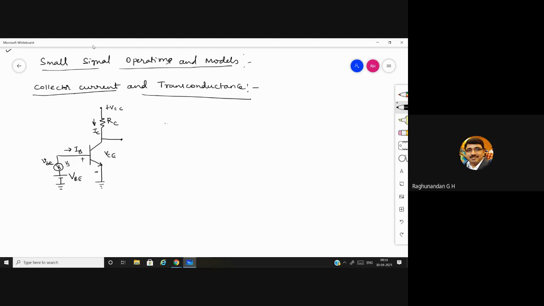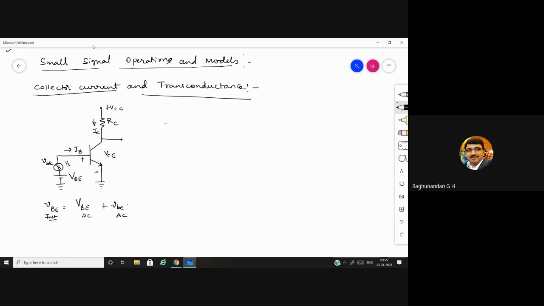So from this, we get vBE equal to VBE plus vbe. This is our DC, this is our AC, and this is our instantaneous voltage.